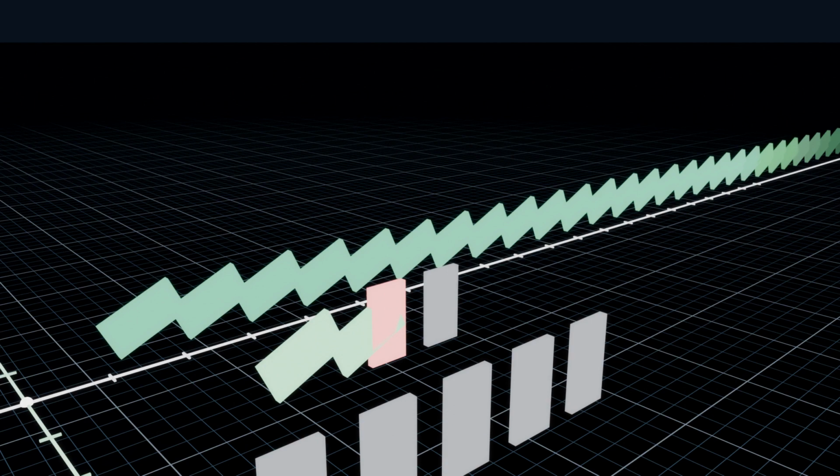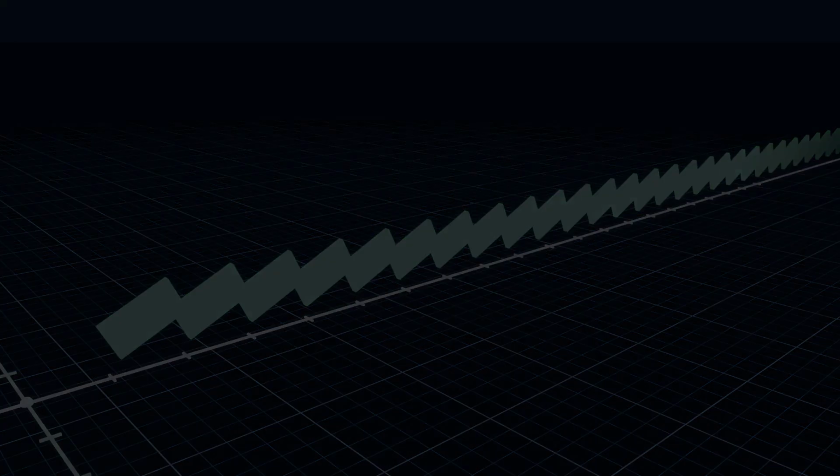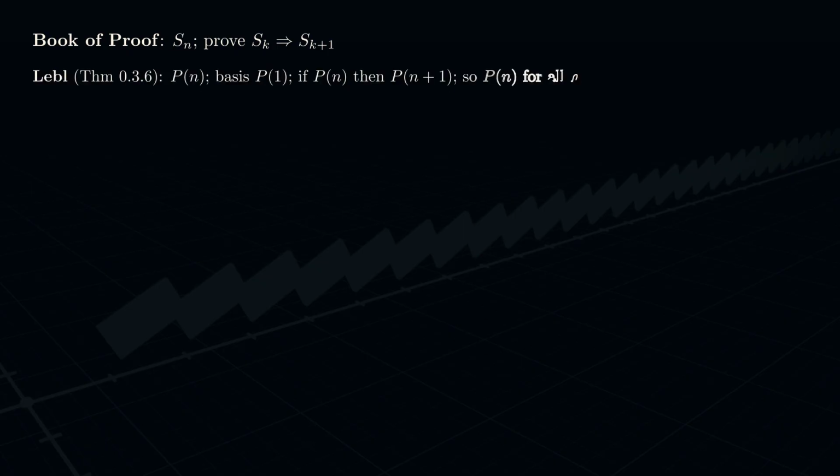2 notations, so that no book ever looks foreign to you. Your book of proof names the statements Sn and proves Sk implies Sk plus 1. Lebl, your analysis book, writes the statement as P of n and says, basis statement, P of 1 is true. Induction step.